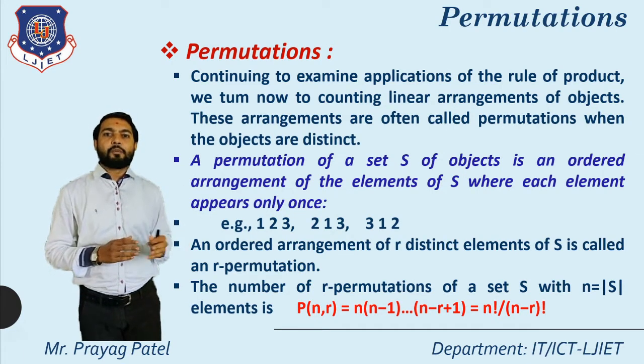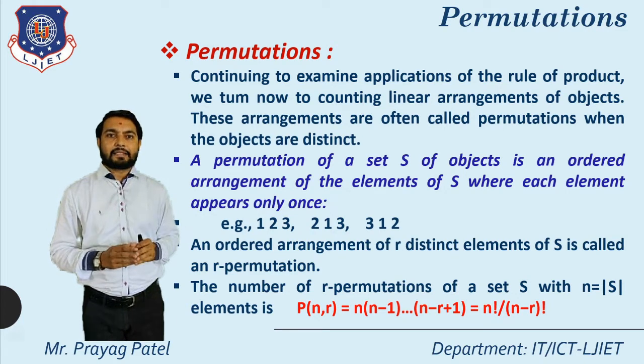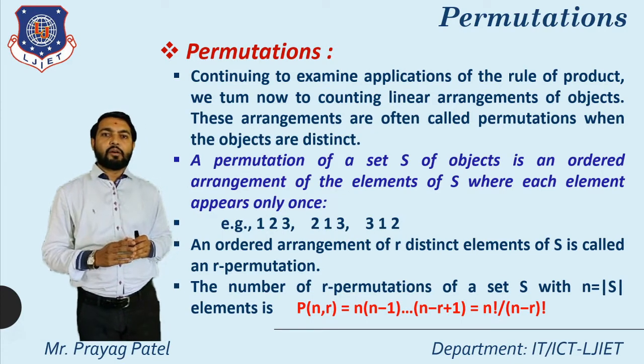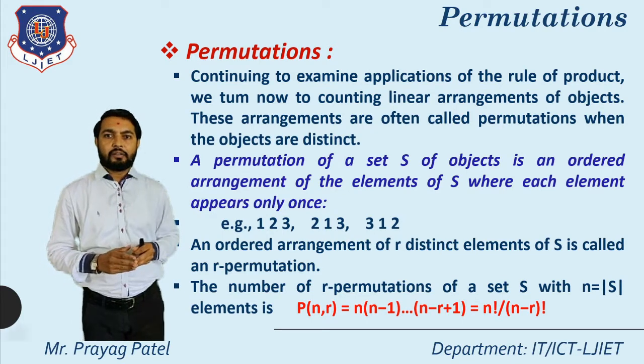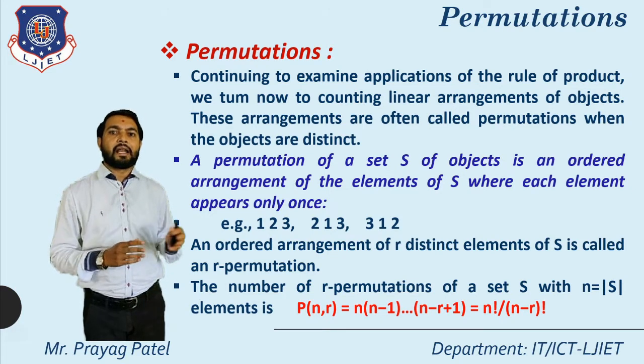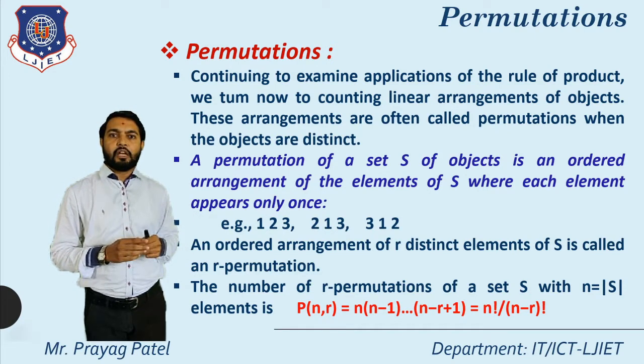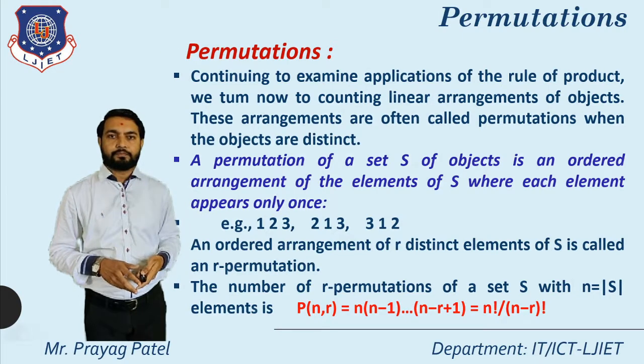The number of r-permutations of a set S with n equal to mod S, having n elements from which we select only r elements, is called P(n, r). It is equal to n times n minus 1 up to n minus r plus 1. It is equal to n factorial divided by n minus r factorial.